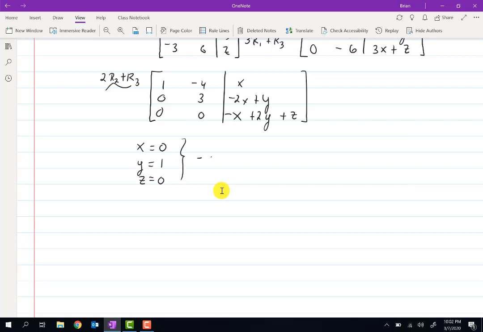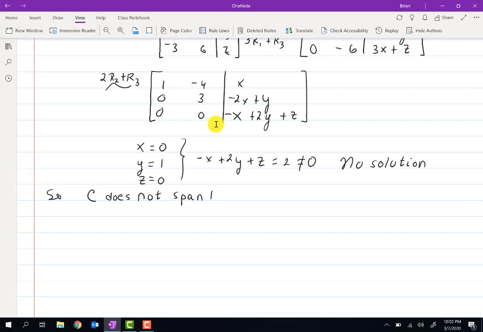So negative x plus 2y plus z will equal 2, which is not equal to 0. So this has no solution. So that set C does not span R3. So C is not a basis.